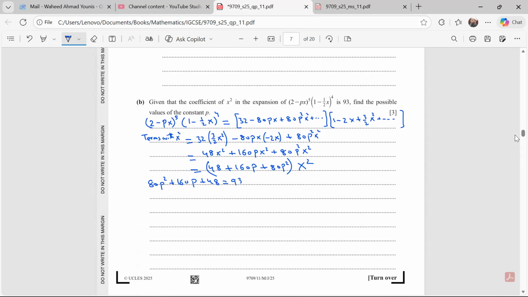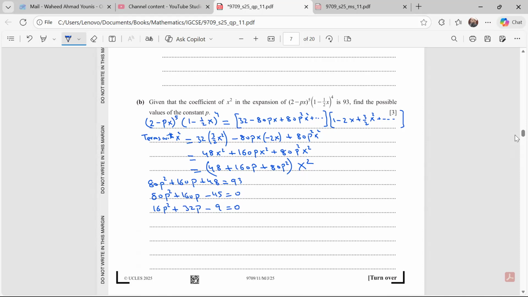If I bring it to the other side, it will become a quadratic equation: 80p square plus 160p and 48 minus 93 gives minus 45, equals 0. To make things a little simpler, I will divide by 5, so it becomes 16p square plus 32p minus 9 equals 0.